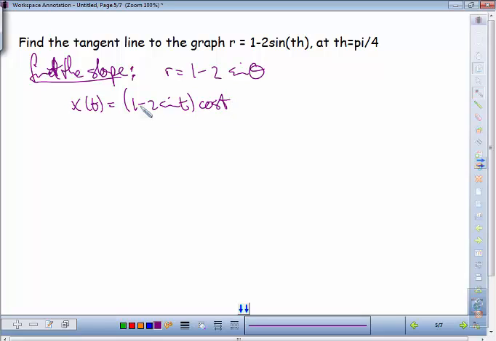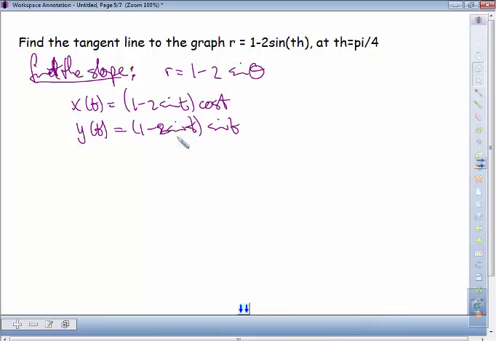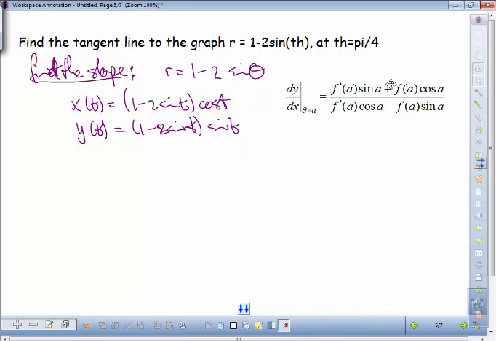So the first one is r cosine theta, the x. The y is equal to r sine theta. And r is equal to 1 minus 2 sine t. And according to my formula, I need the derivative of this.